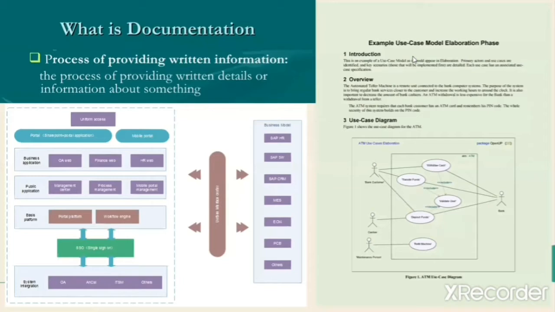A document is actually a typed or written form, and if we talk about digital documentation or a document on a computer, then it must be typed or written using some application, and we will use MS Word in this case. You can see here some examples of a document. This document is prepared using MS Word, and here you can see some written words and a diagram.